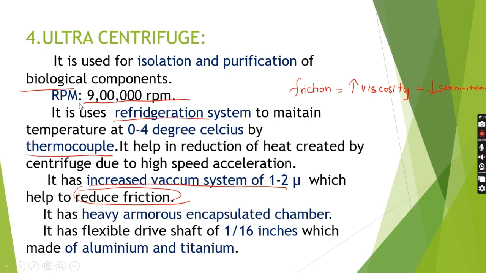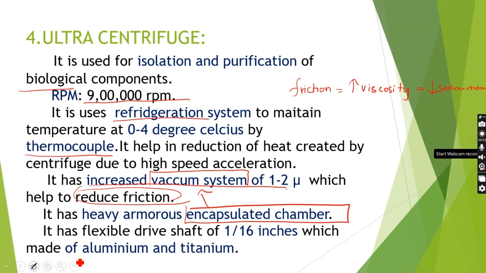This friction can be stopped by the vacuum system during centrifugation. When there is a vacuum system, the friction is reduced and sedimentation can be increased. In general, ultracentrifugation occurs in an encapsulated chamber, which creates a vacuum.